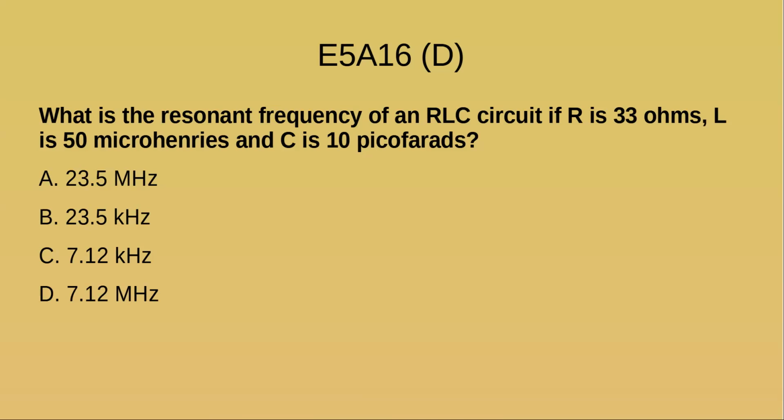And one of them's magnitude, so 7.12 is a magnitude. The other thing to watch is, they'll do stuff like this where some of the answers are megahertz and some are kilohertz. When you work it, you may come out with megahertz, but the right answer is in kilohertz, so you have to convert it. When I do it on my calculator, I come out in hertz, so then I have to convert.